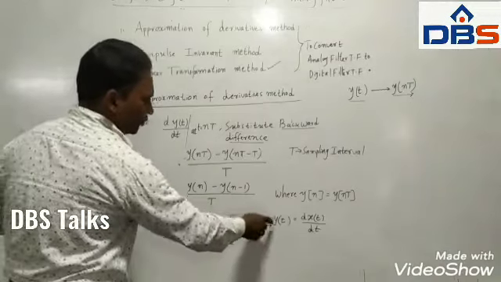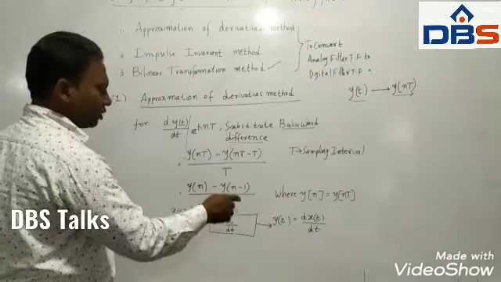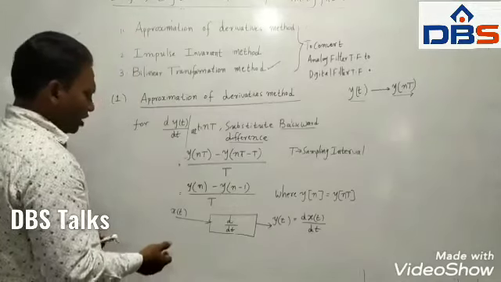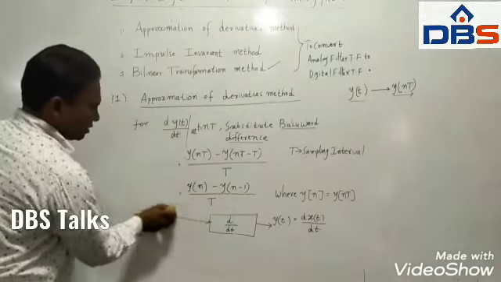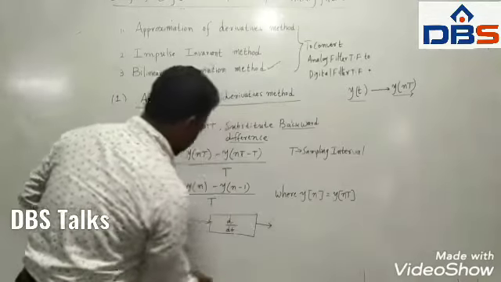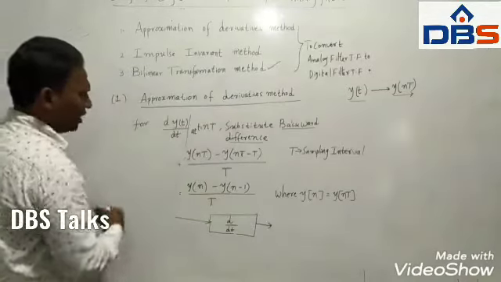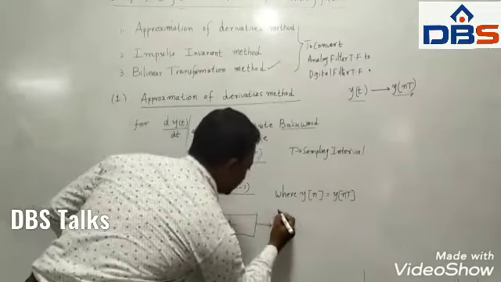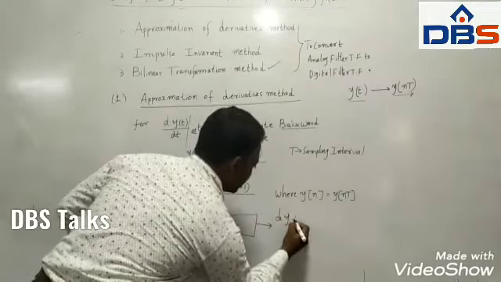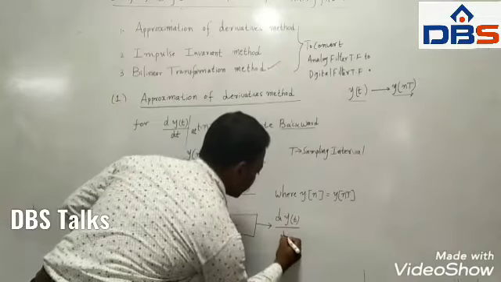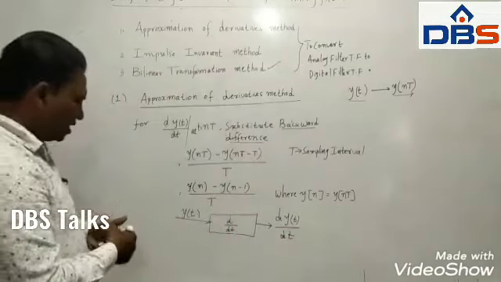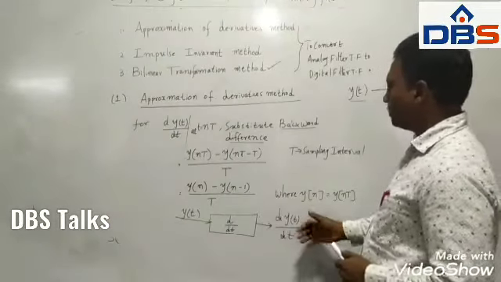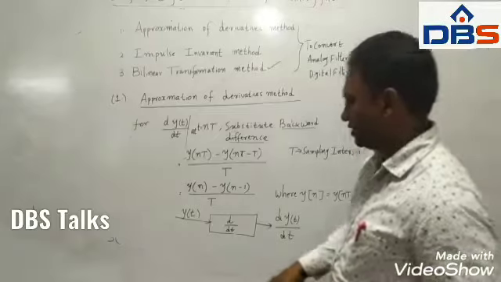Similarly, the differentiation of y(t) is dy(t)/dt. The meaning is, if you apply any signal at the input of a differentiator, the output is a differentiated sequence.